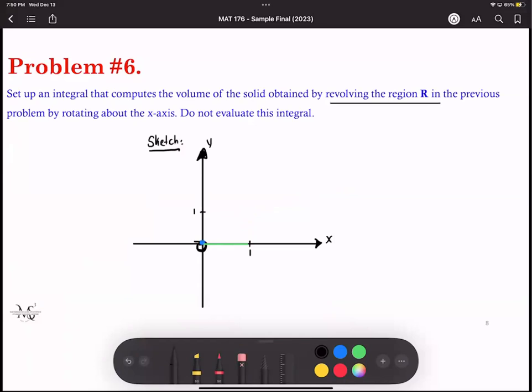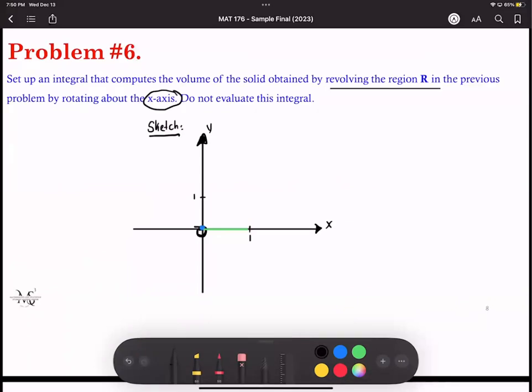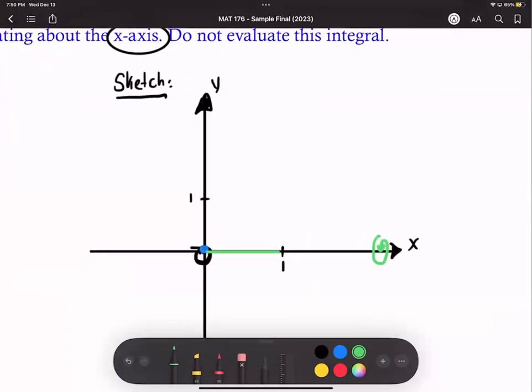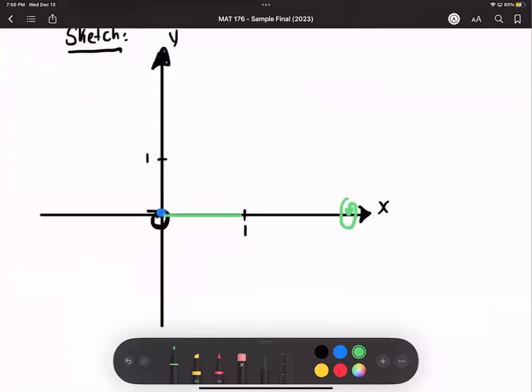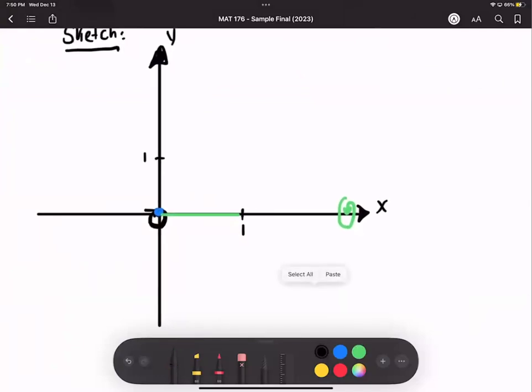So it will be the same two graphs that I'm going to draw again, but it's rotating about the x-axis. So it's rotating this way, right? That's your x-axis. Again, I just want to make a better graph of the situation. I knew that in the previous problem, the points of intersection were the origin and (1, 1).